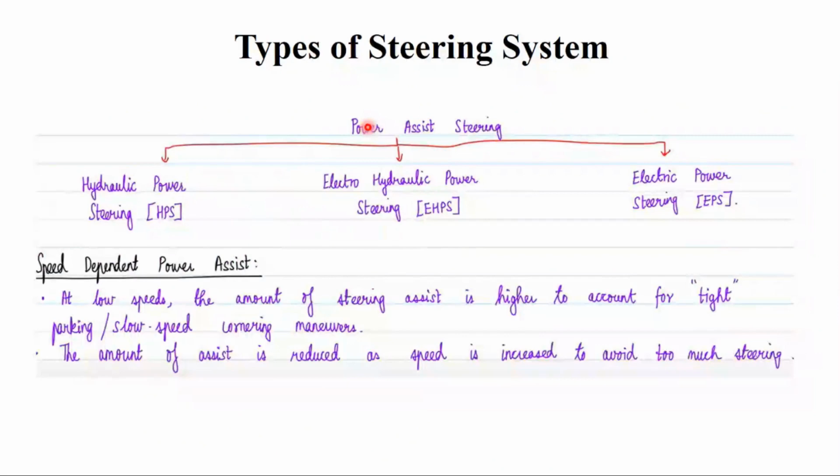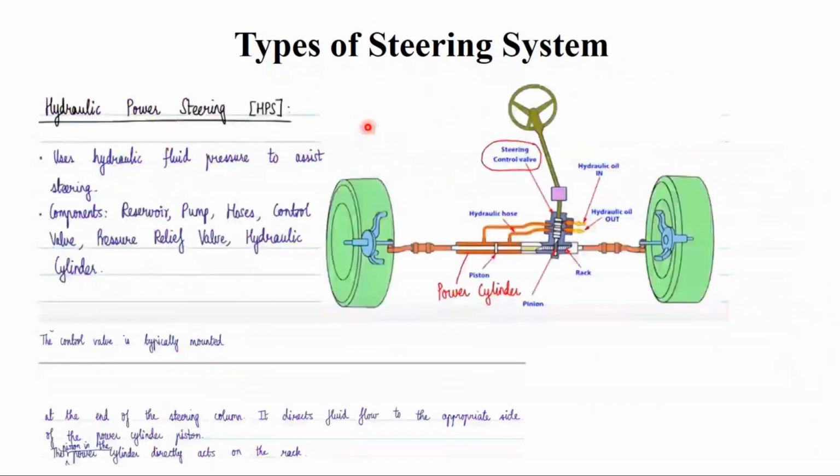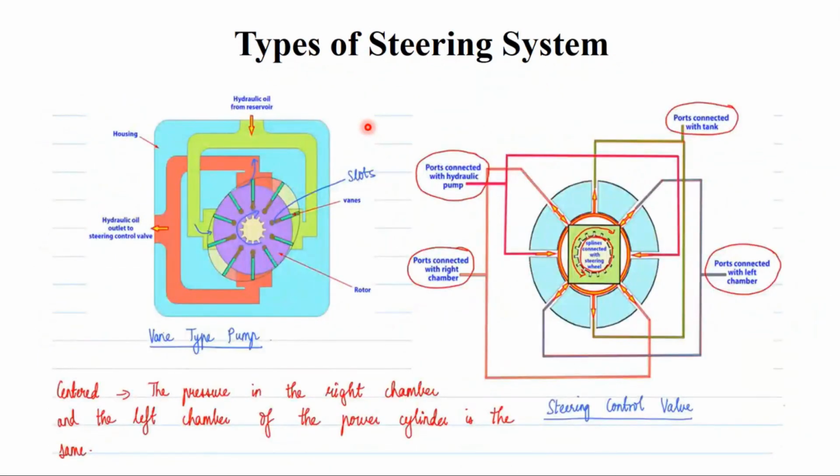Power steering system, we have seen different types of power steering system: hydraulic power, electro-hydraulic power steering system, electric power steering system. And we have seen the hydraulic power steering system and how the movement is going to happen when the steering is moving towards left and when the steering is moving towards right.